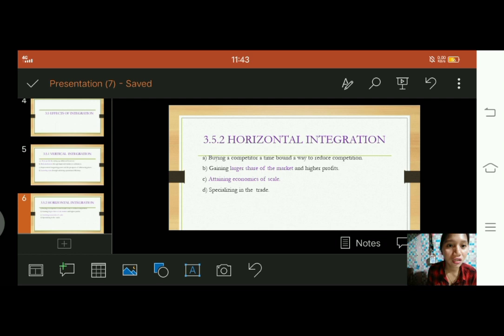Then the next is gaining larger share of the market and higher profits. Example of this, as what I'm saying previously, if there are 5 stores in one place, then you can get 60% na kaagad.